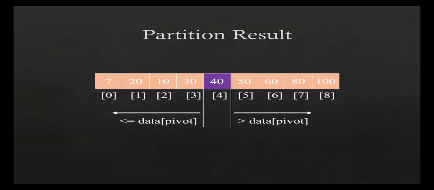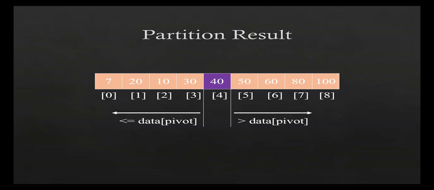The left sub-array contains 7, 20, 10, and 30 that are smaller than 40, and the right sub-array contains 50, 60, 80, and 100 that are bigger than 40. So the condition is satisfied, and we say that the quicksort is working perfectly.